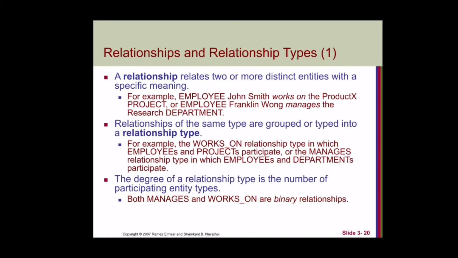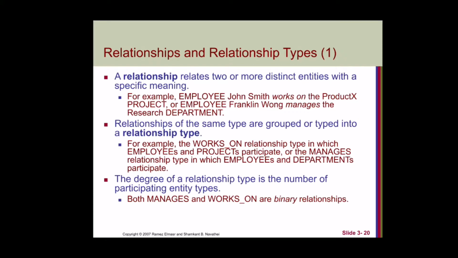That is, employee John Smith works on product X project. Then we have the second example, wherein employee Franklin Wong manages the research department. So there is a relationship between employee and department in the second example. In the first example, we have a relationship between employee and project.